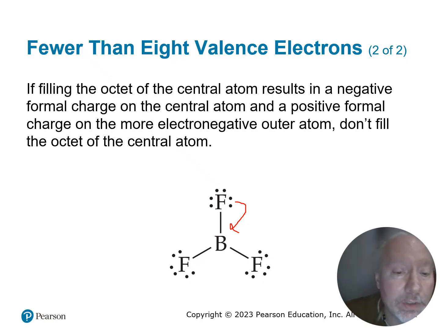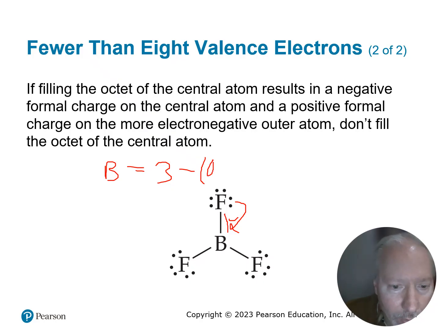This would become a double bond, right? And if you did that, let's evaluate boron first. Boron has 3 valence electrons, but if it's got a sigma electron pair and a pi electron pair, it has 4 electrons, and it has no lone pairs of electrons, so we can rule that out.